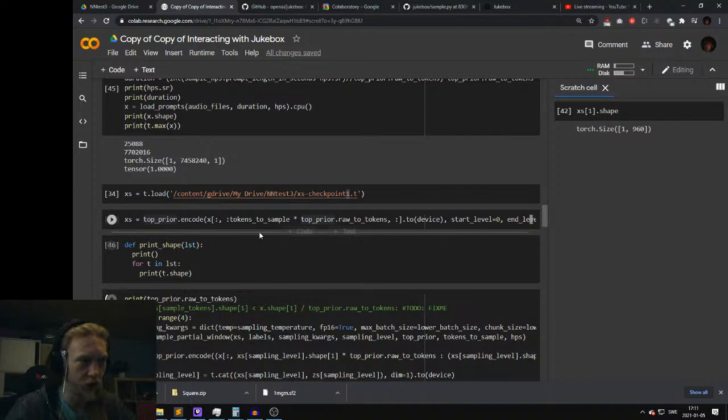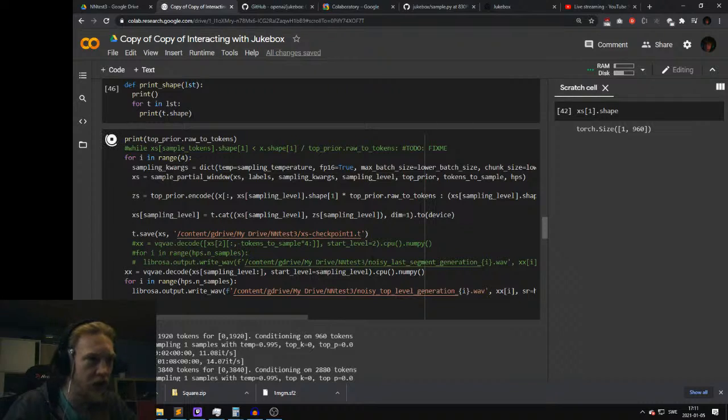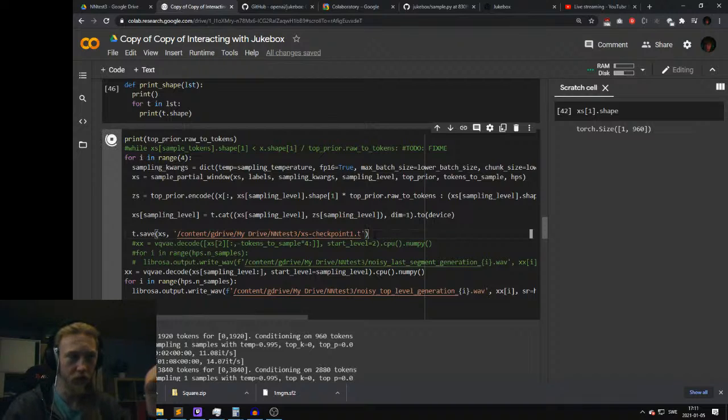I've forced myself to work with their tokens and raw to tokens and all that because it's generalized in their system and it all just works together. If you're smart and programmed that way, that is, which these people actually seem to have done. Congratulations, very nice. Well, not all do. That I can say.